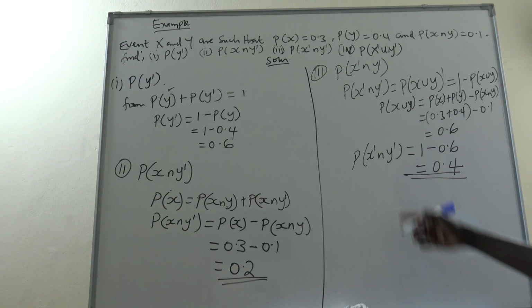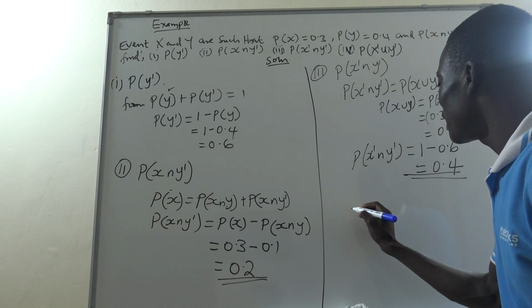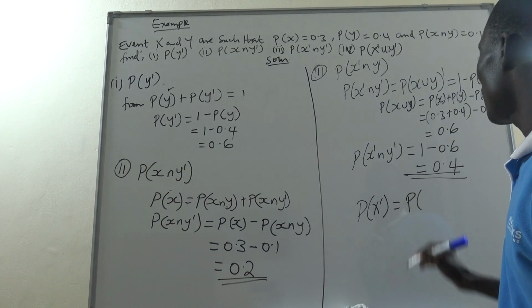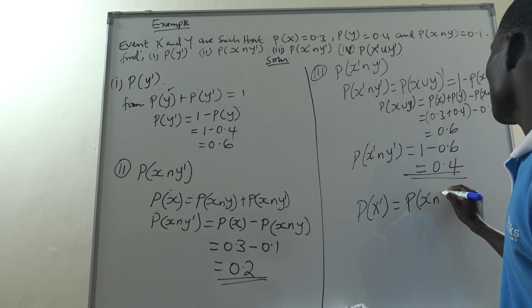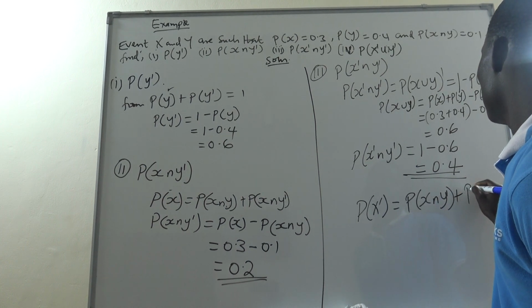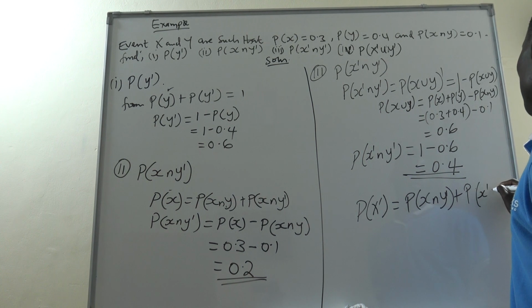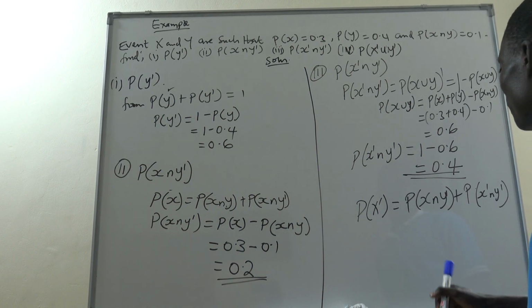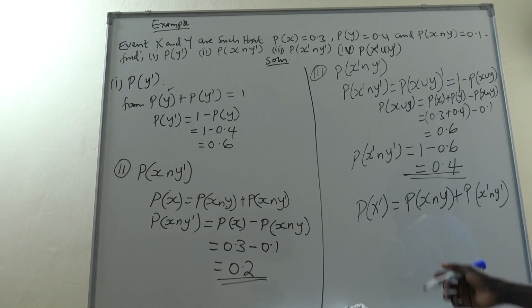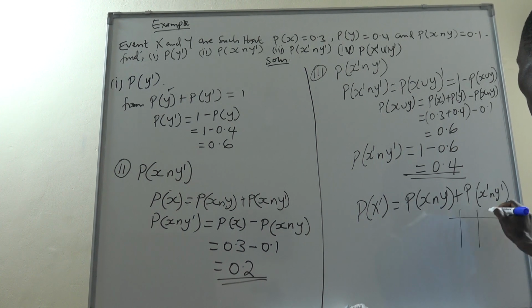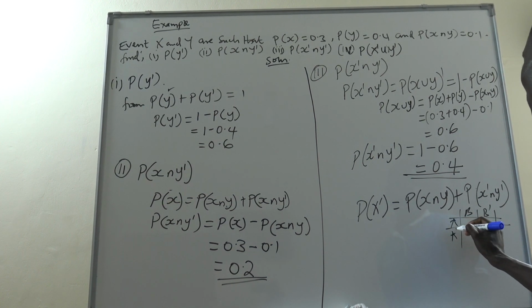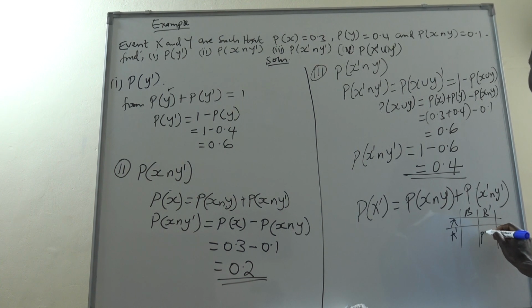Or if you don't want to use this method, you can get it from the probability of X complement, which is the same as the probability of X complement intersection Y plus the probability of X complement intersection Y complement.